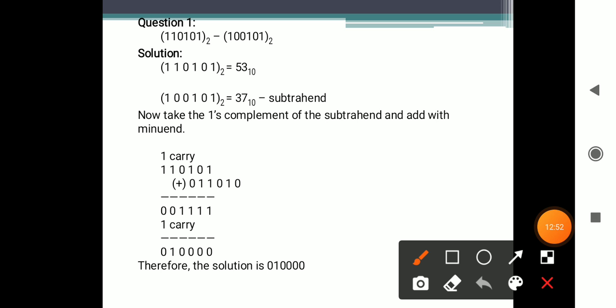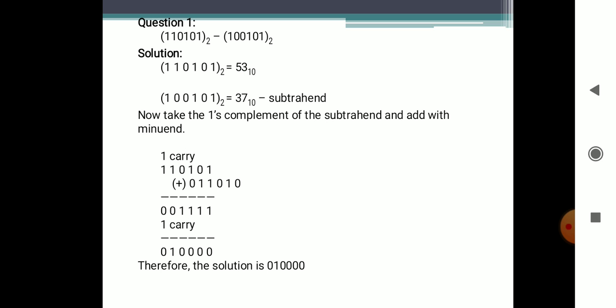As per the rules for performing binary subtraction using 1's complement, we have to take the 1's complement of the subtrahend. 1's complement of the subtrahend, that is 100101, becomes 011010.